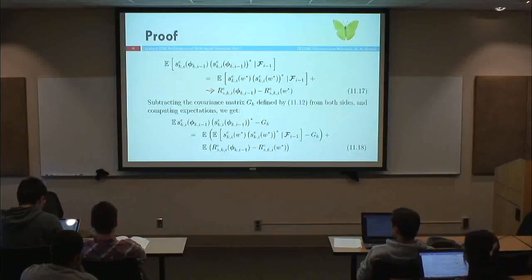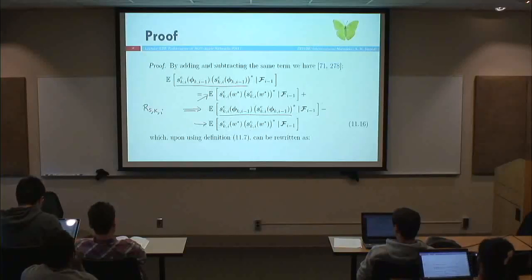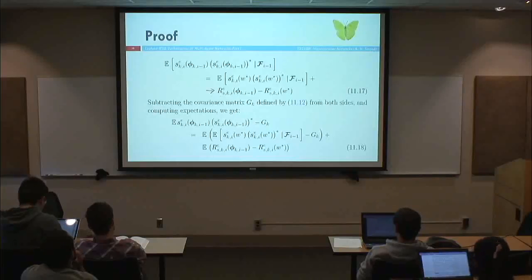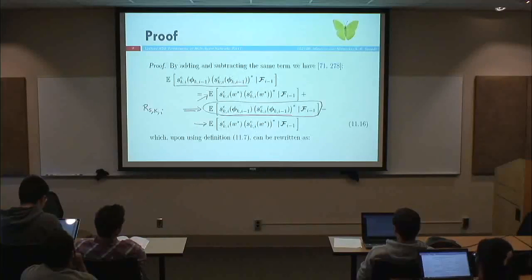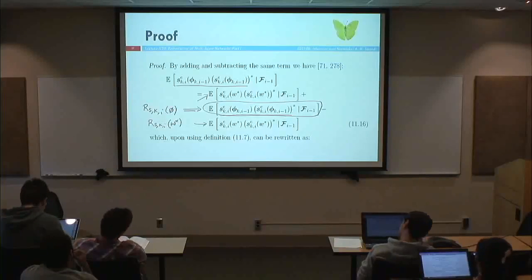I'm just writing it now more compactly, rather than write this entire thing, right? This is the covariance at node K at time I, correct? This last expression is the same thing. It's the covariance at agent I at time I, right? This one is at phi, this one is at W, correct?